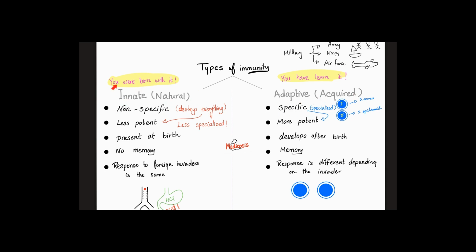Think of it this way. Innate, you're born with it. It's just street fighters. They fight everyone. They kill bacteria, viruses. They don't care whether you are Staph aureus, Strep pyogenes, Neisseria meningitidis. I don't care about the type of the bacteria or the virus. I'm gonna kill everyone equally. I don't give a rip. I don't distinguish. Adaptive is very selective. It's like the military.